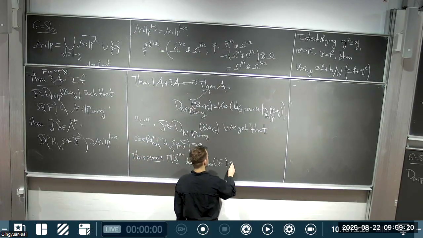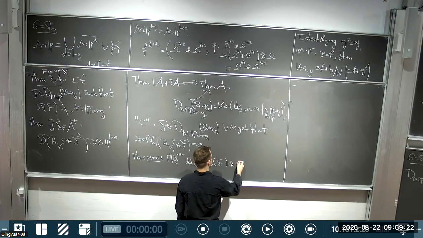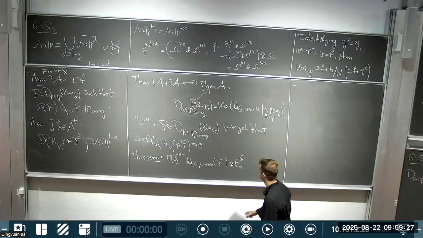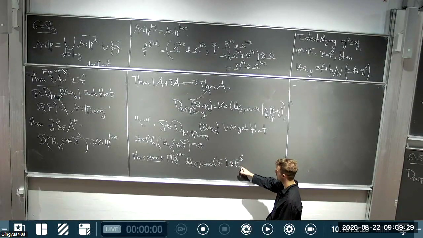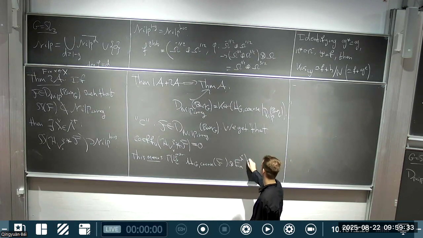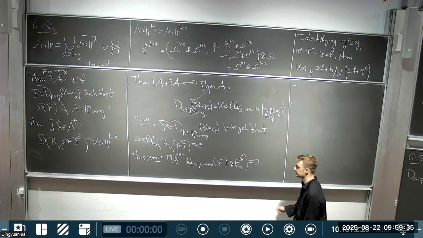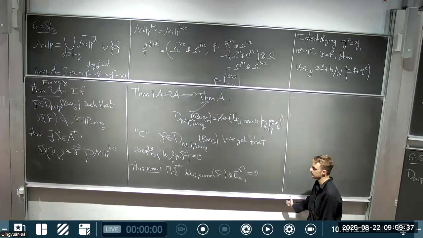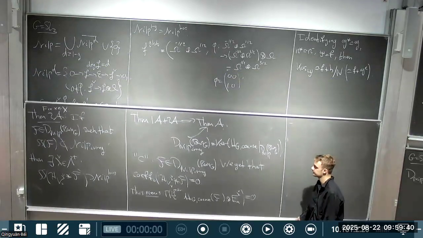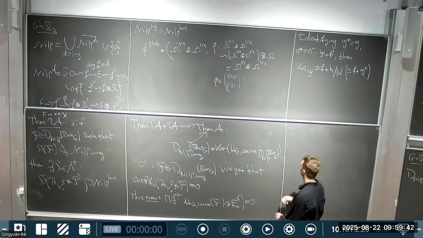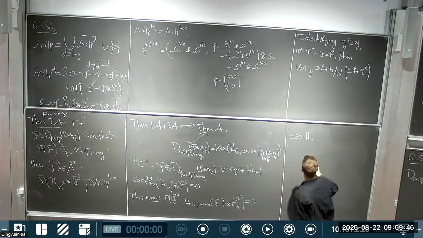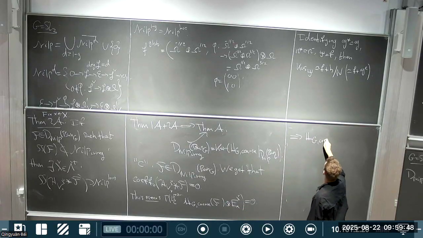Whenever you tensor with a vector bundle, the Hecke operator on the spectral flag, you just tensor with the vector bundle associated with lambda check and X. This is 0 for all lambda check. But this implies that the quasi-coherent sheaf itself is 0. This is what we said out loud before.